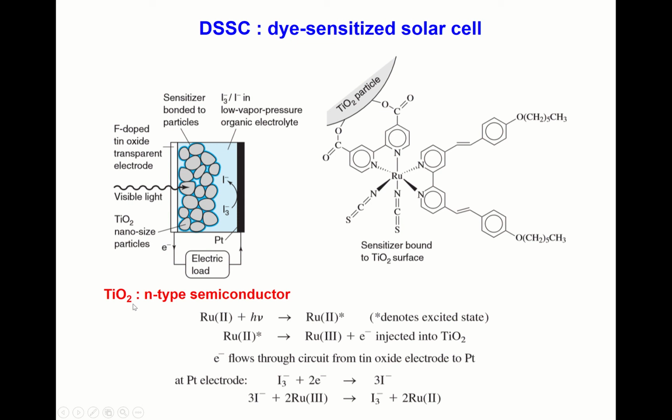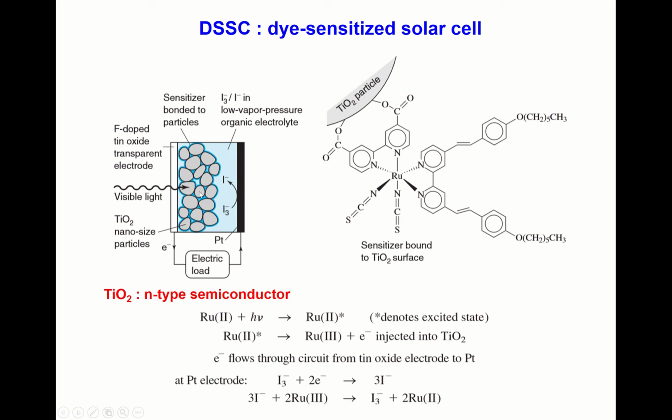This is a semiconductor, but as you know, there are two types of semiconductors, N-type and P-type. In N-type semiconductors, the major carrier is electron, and in P-type, the holes are major carriers. But if you don't know, don't worry, you don't need to fully understand it.